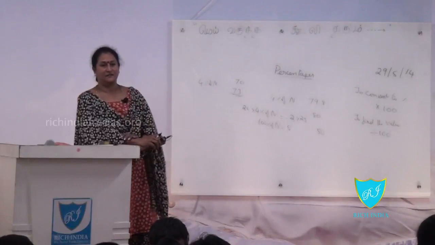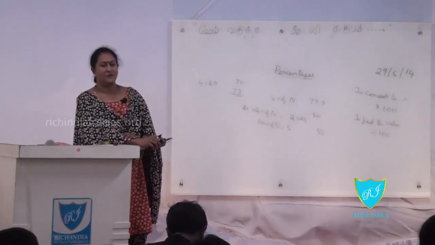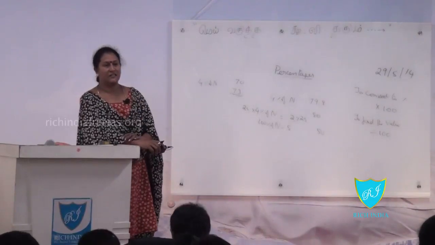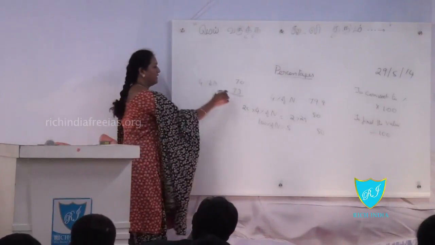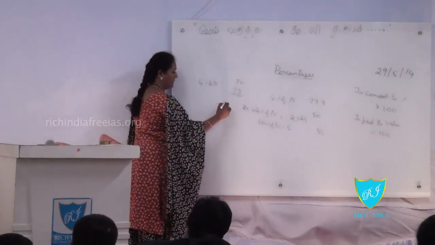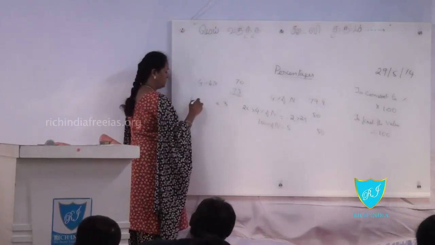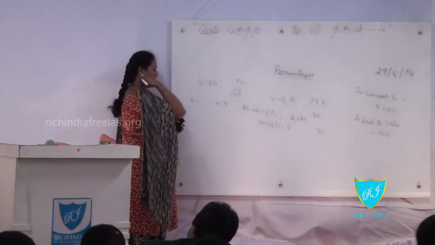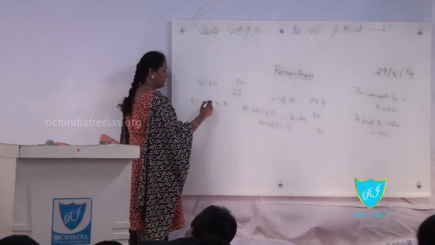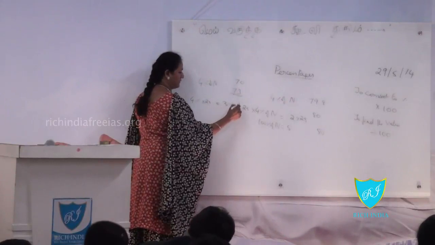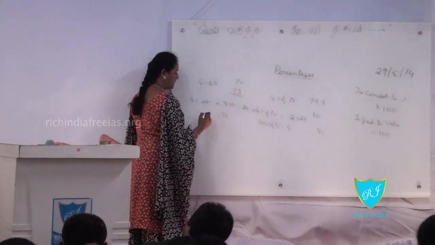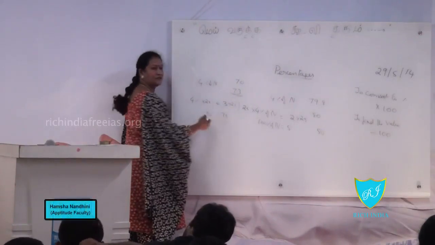So here the increment is 3. After adding 4% you get 3, so 4% is 3. Then 100% is 75. So you need 100%, so into 25. So the number is 75.